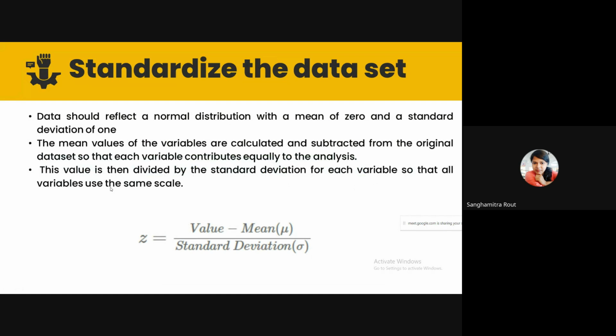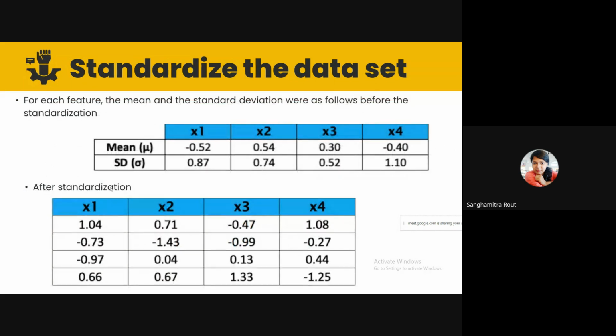Like this, you will calculate your values. Like I have done here, you can see the mean I have calculated for all the variables, and the standard deviation again we have calculated. And after that, we finalized by putting the values in the formula and calculated the standardized values.